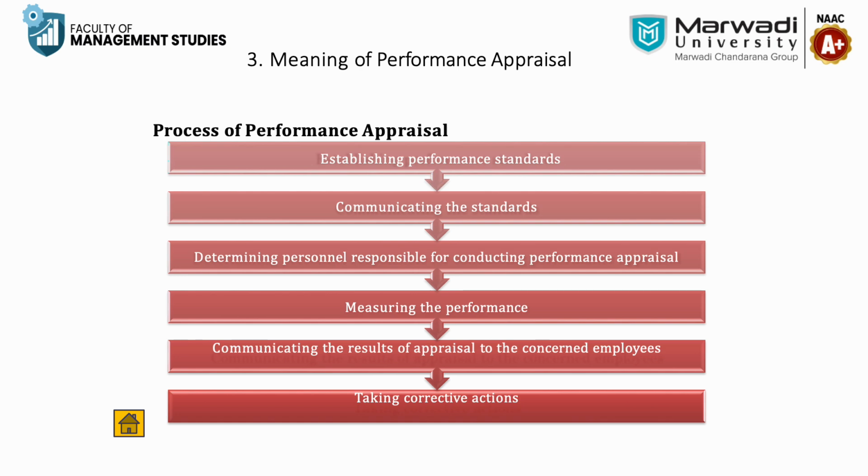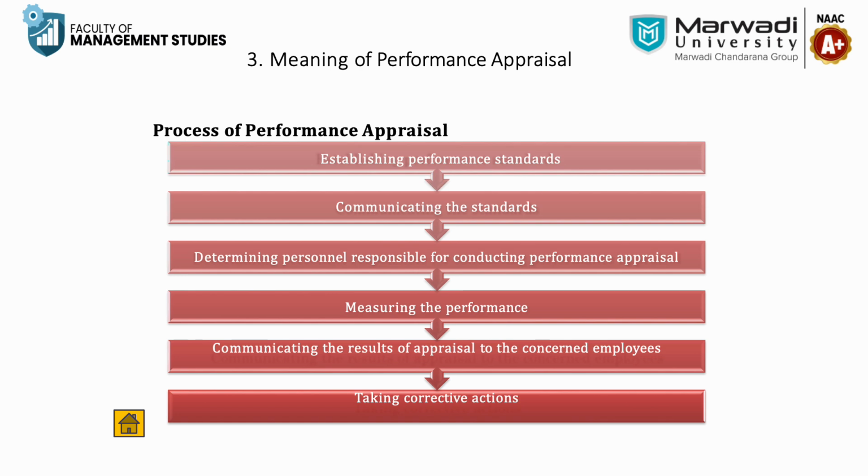And the last step, the corrective actions. What kind of corrective actions are we talking about? The company can take corrective action, as in if they feel that there is a performance gap for a lot of employees, then they might organize a training program. Or if there is a lot of gap and a person doesn't seem to be capable enough to continue with the job, then they might go ahead with layoffs, looking at the performance of the employees.